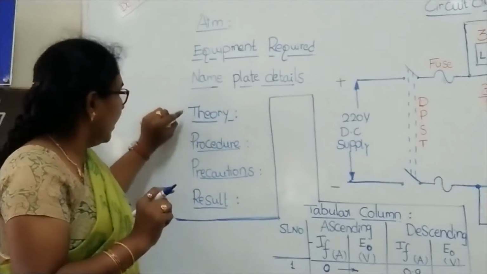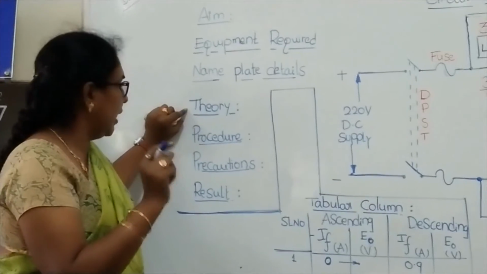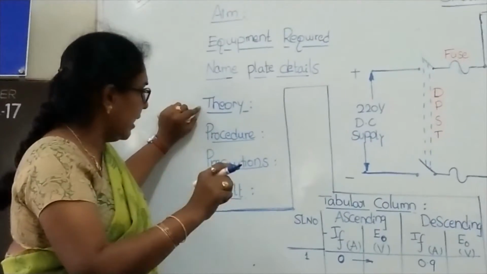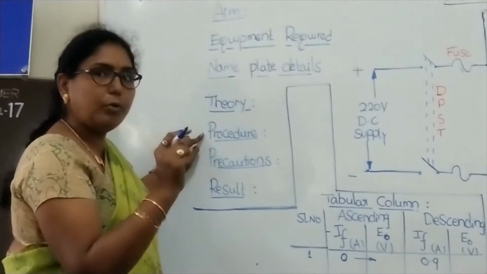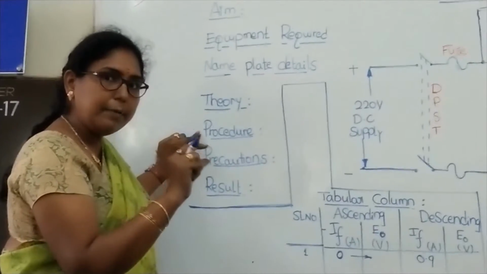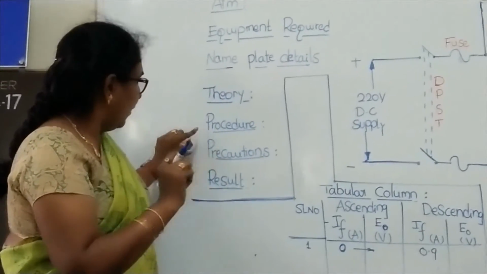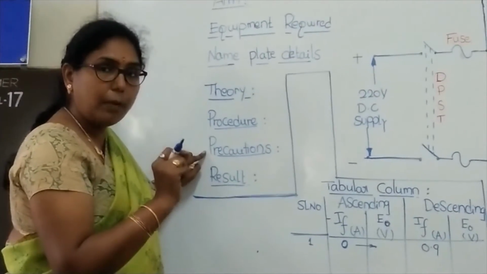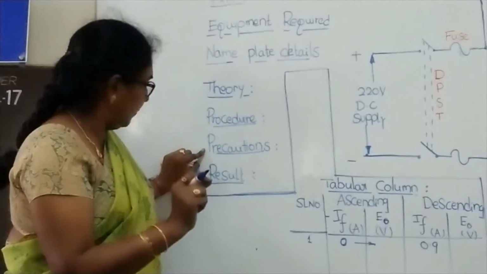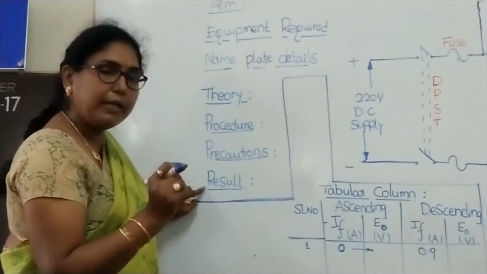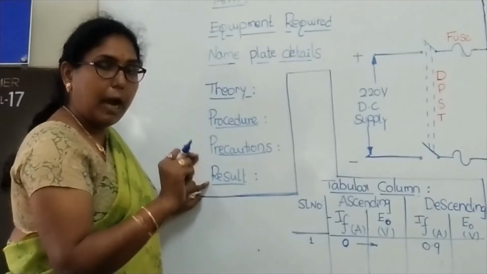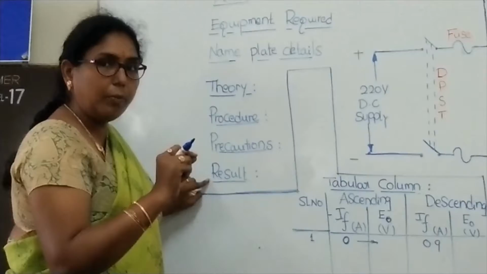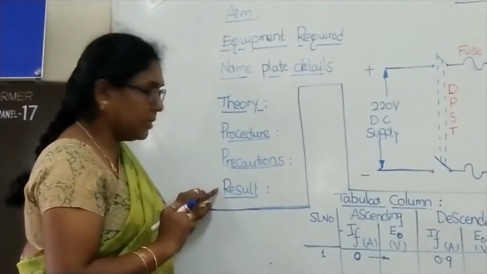Then the concerned theory on the right hand side, and then the procedure, how we are going to conduct the experiment on the given machine. Then the precautions to be taken when performing the experiment. Finally, after conducting the experiment and obtaining the outcome, we have to write down the result.